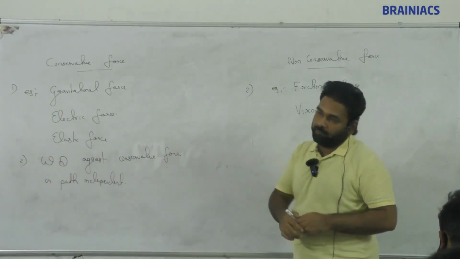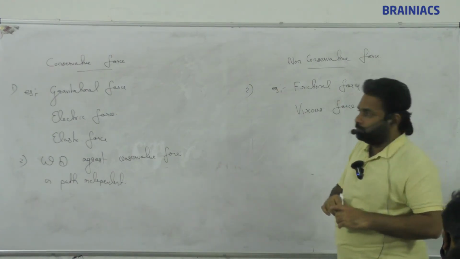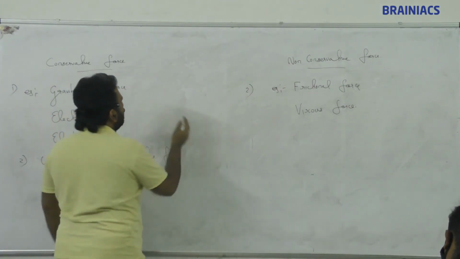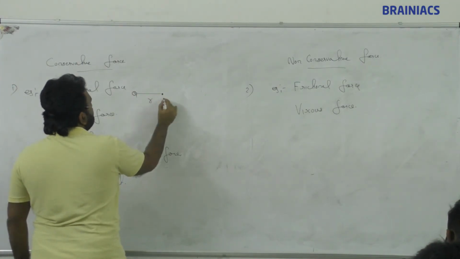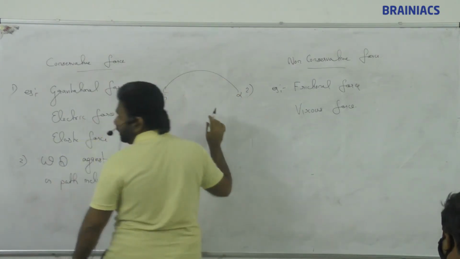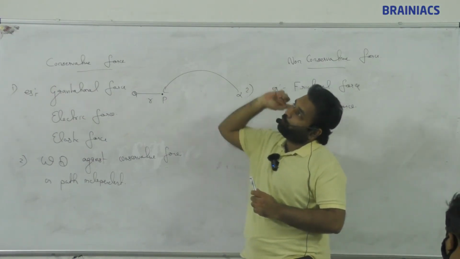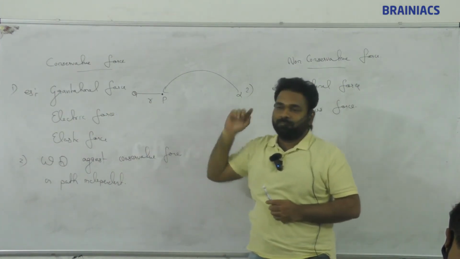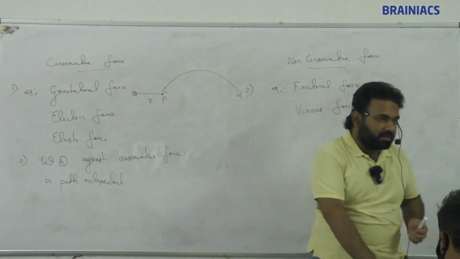Whichever way we do work, it doesn't make any difference. You have already covered electric potential. Suppose a point charge is kept, and a charge is brought to a distance r. It can come in any way, because we are doing work against a conservative force.